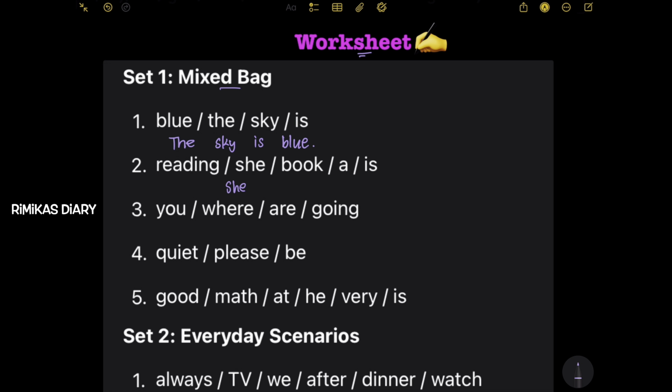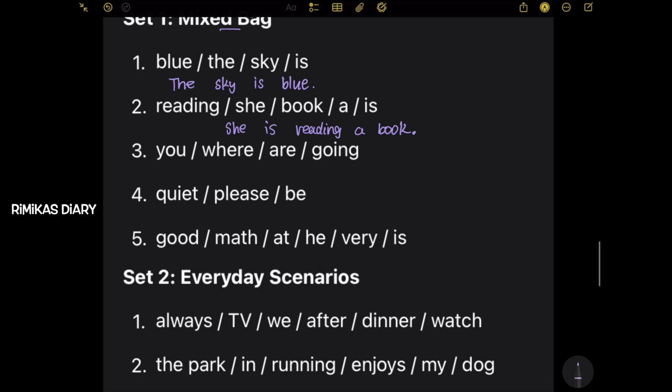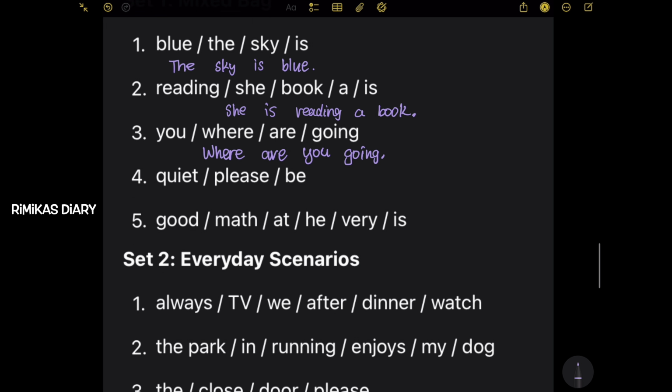She is reading a book. You where are going. So where are you going? So these sentences should have correct capitalization and punctuation.